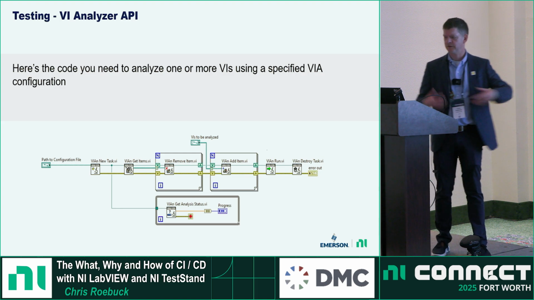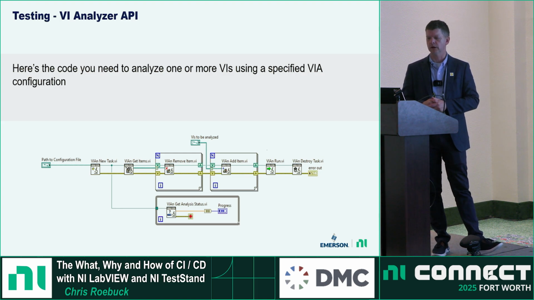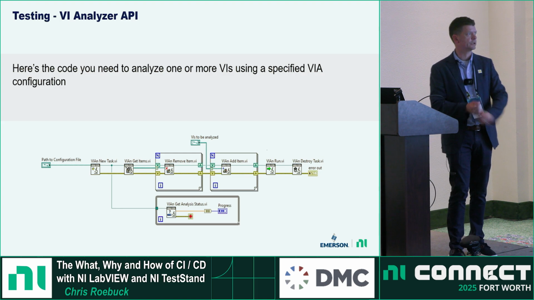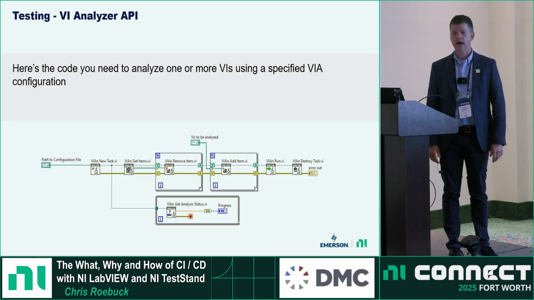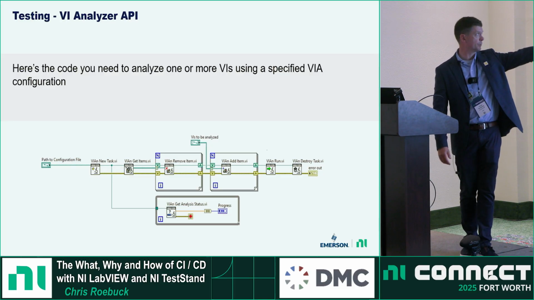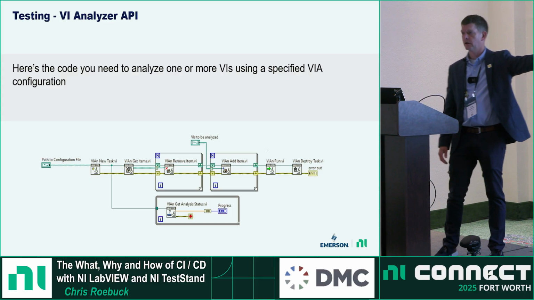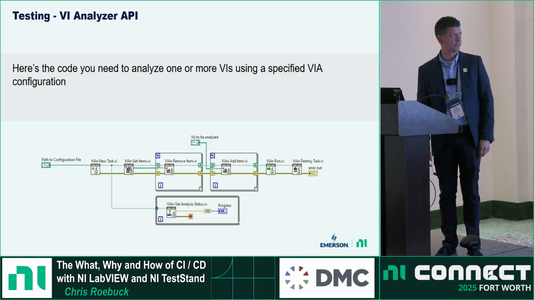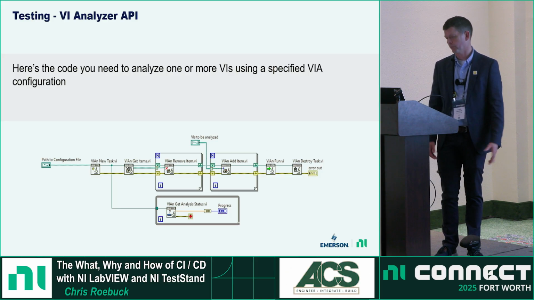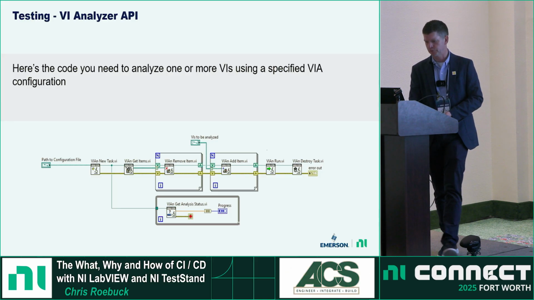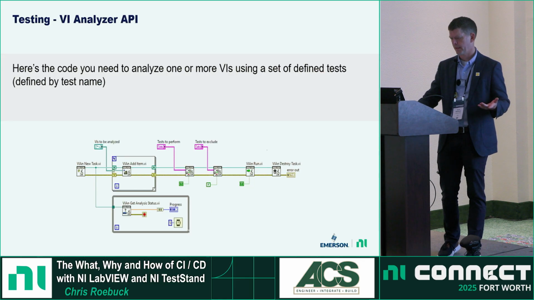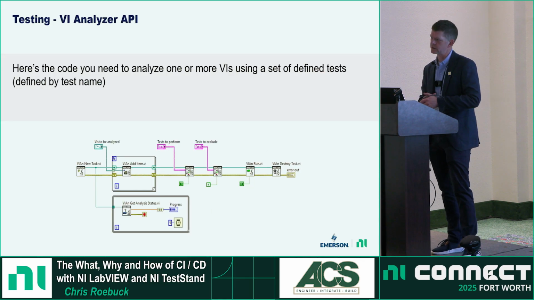So if you want to analyze one or more VIs using a specific configuration, that's the LabVIEW code for it. That will run VI Analyzer. You provide it a config file. It will run VI Analyzer against a number of VIs of which you've provided the input in the top, VIs to be analyzed. It will analyze those VIs, produce a report, give you an outcome. Maybe you don't have a VI Analyzer configuration though.